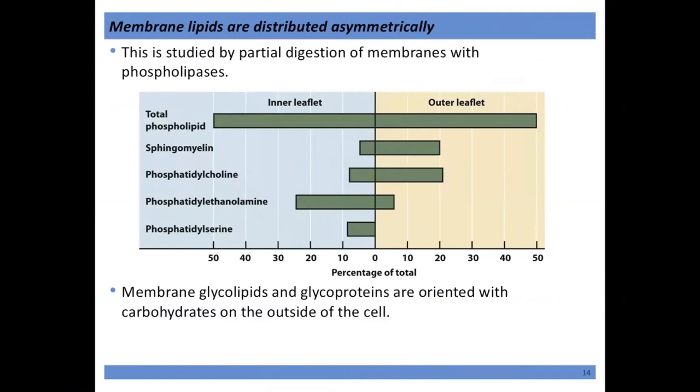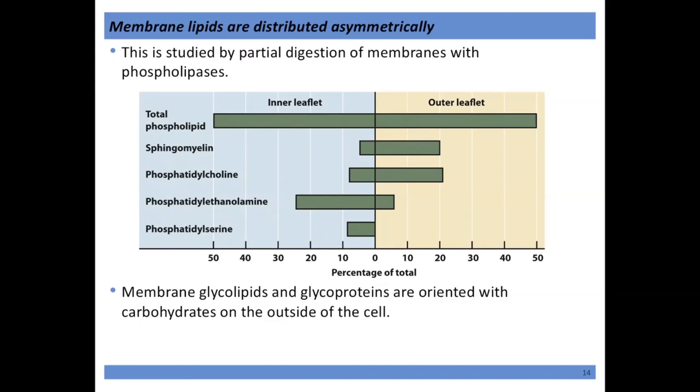Now, something that's really interesting is that membrane lipids are distributed asymmetrically within the bilayer. This is something I've been fascinated with since graduate school. How they've studied this is you introduce a phospholipase, and remember, those are enzymes that will release free fatty acids from the lipids.